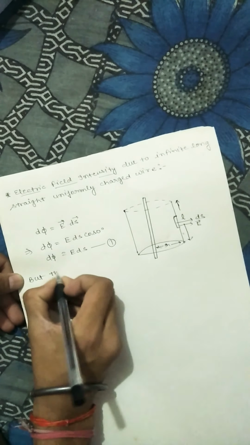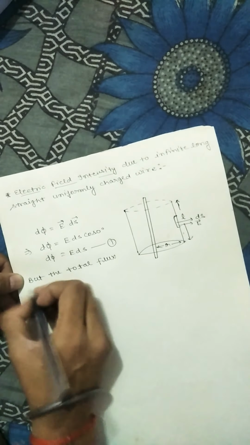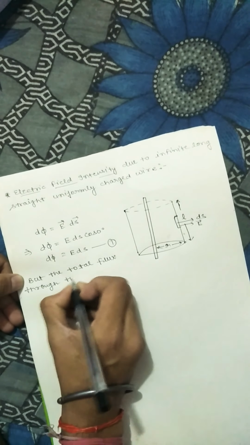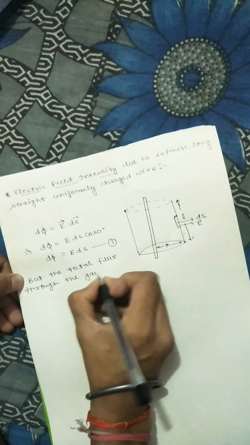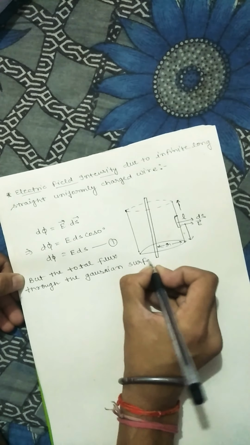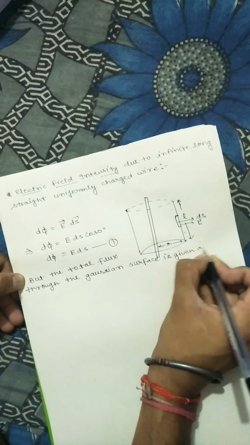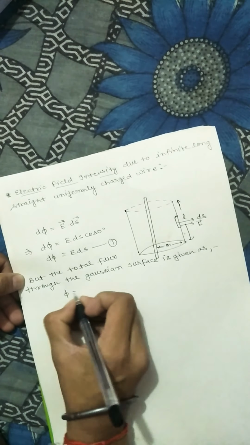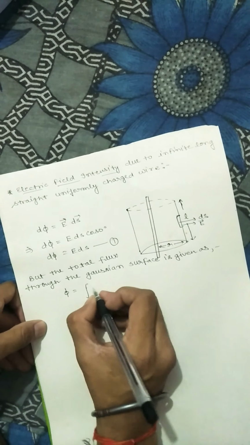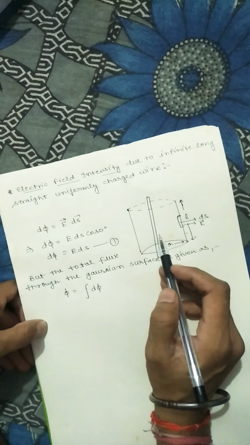The total flux through the imaginary cylinder, that is through the Gaussian surface, is given as phi is equal to line integral of d phi, because we are talking about an infinite long straight uniformly charged wire.